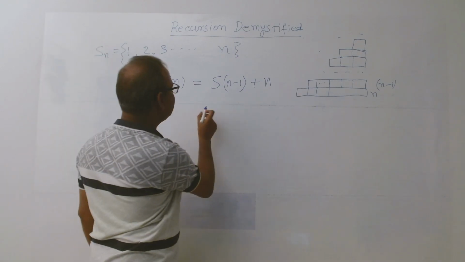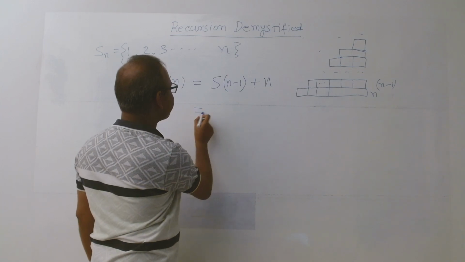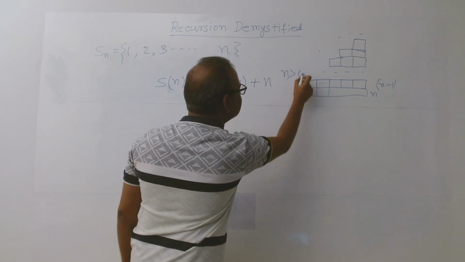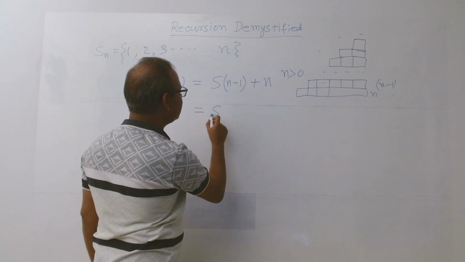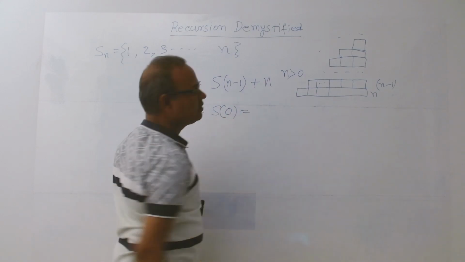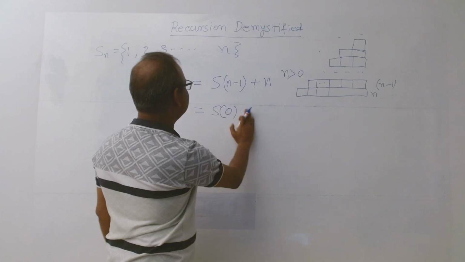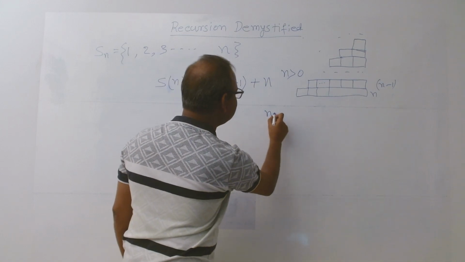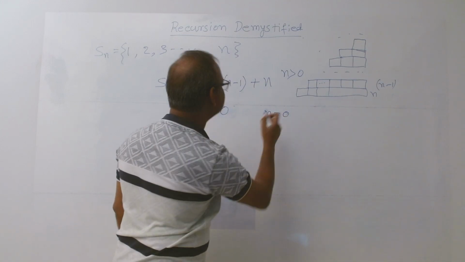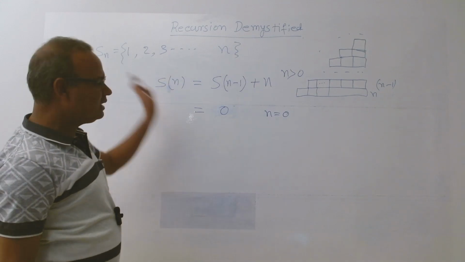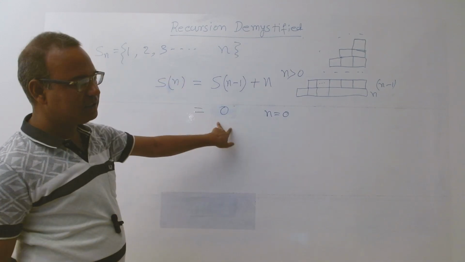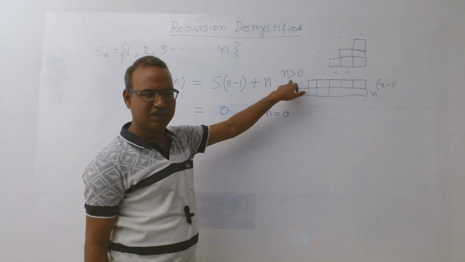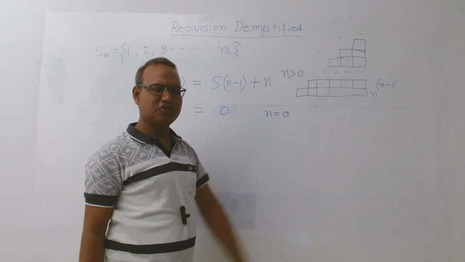So you can write this for n greater than 0, and S0 equal to 0, that is, n equal to 0. If there is no element, then it will be 0. That can be written as a stopping condition, or you can put 1 when n equal to 1. You change this condition, that will also work.